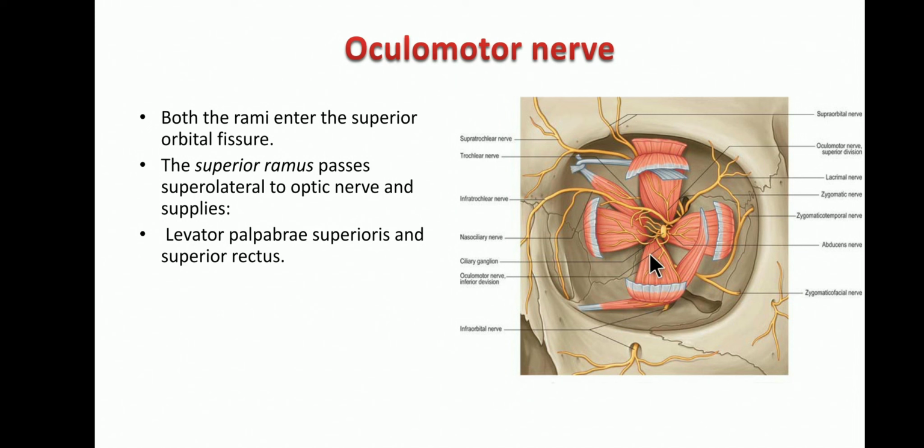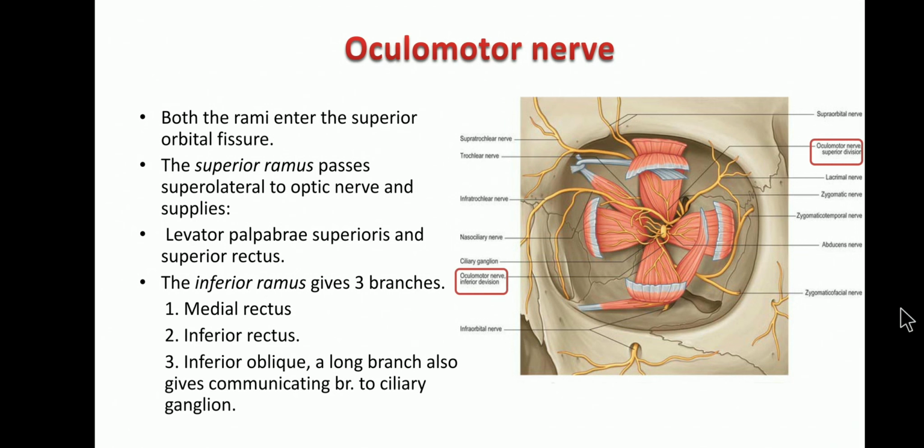oculomotor nerve has three branches, one to the medial rectus, one to the inferior rectus, and the longest branch is to the inferior oblique. So one to the inferior rectus, which you are able to see here, another one is to the medial rectus, and the longest branch is actually to the inferior oblique.